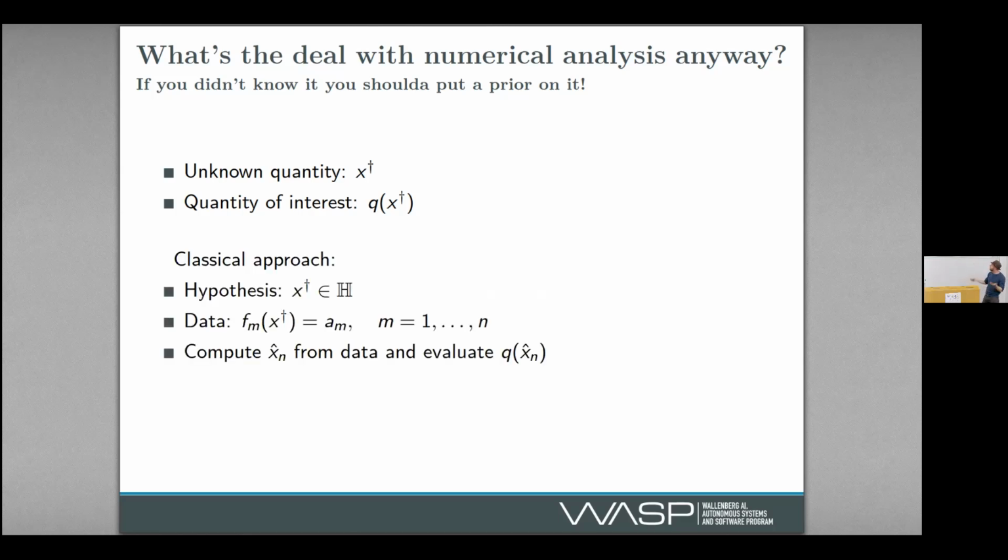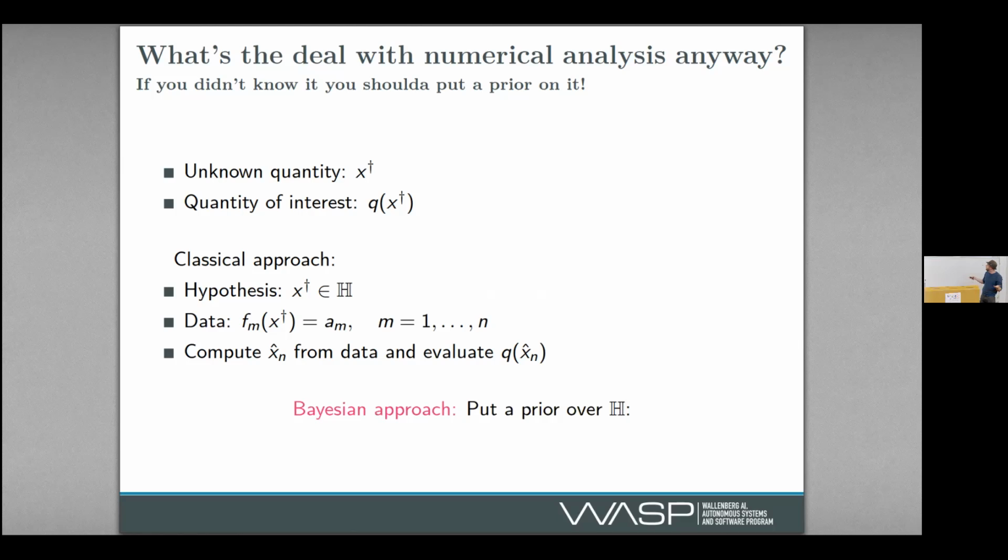And the classical approach is just to approximate X in some space of hypothesis functions, and then fit some function to some data, so typically point evaluations, and then compute an estimate of X, and then we shift it through this quantity of interest function. And typically this hypothesis space is just a space of functions for which we can actually solve the problem. So in the case of integration, polynomials, for instance.